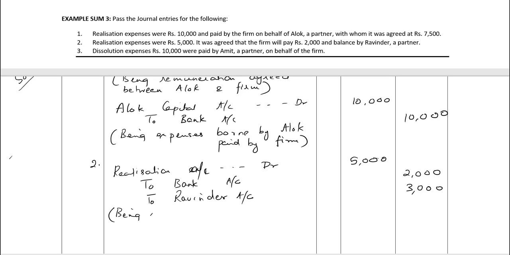Being expense borne by firm, 2,000 rupees paid by firm and balance by partner.